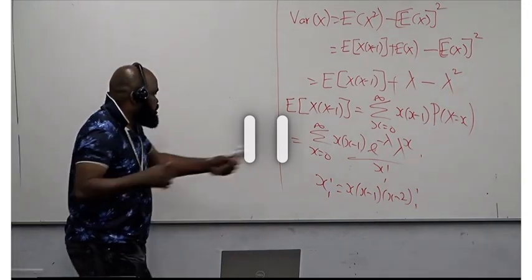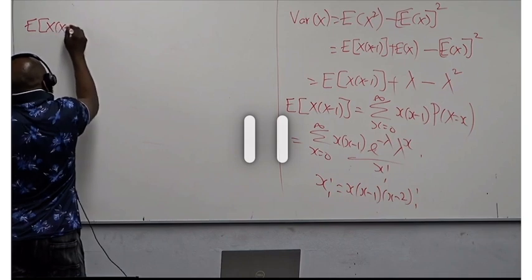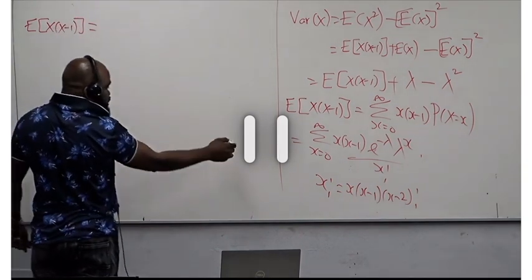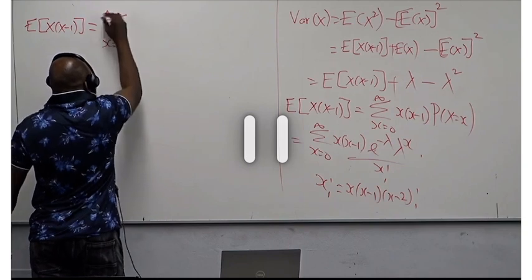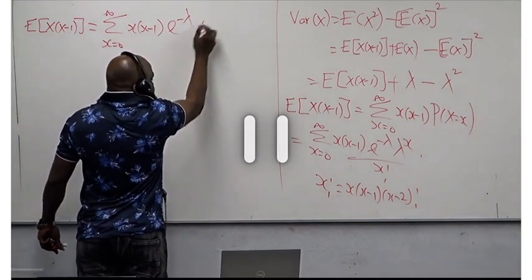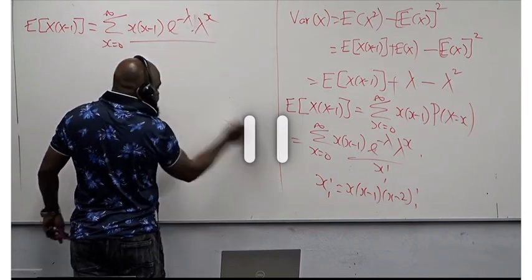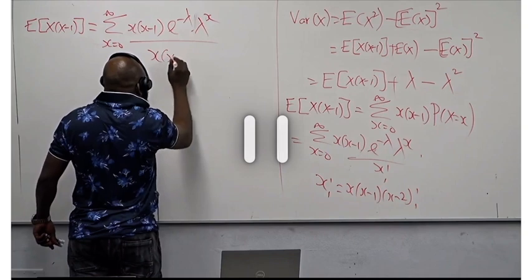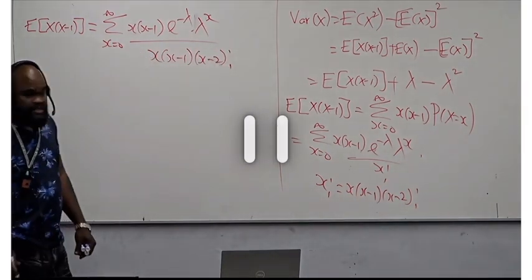Right now, I'm actually going to write expectation of x into x minus 1 equal to the summation, x starting from 0 to infinity, of x into x minus 1, this lambda raised to power x, instead of x factorial. I'm actually going to have this guy.